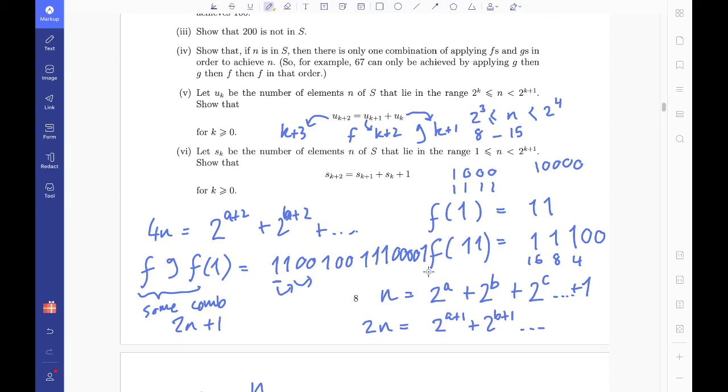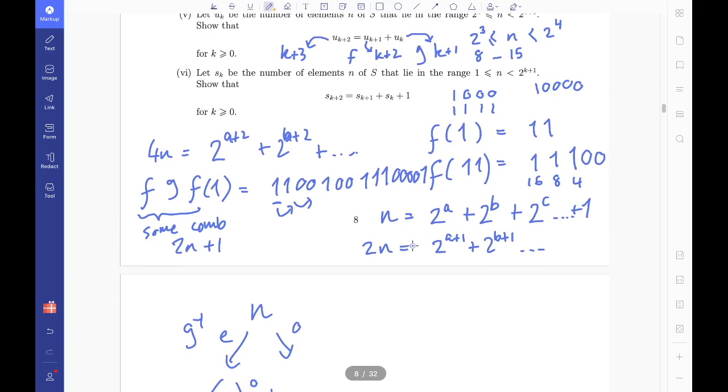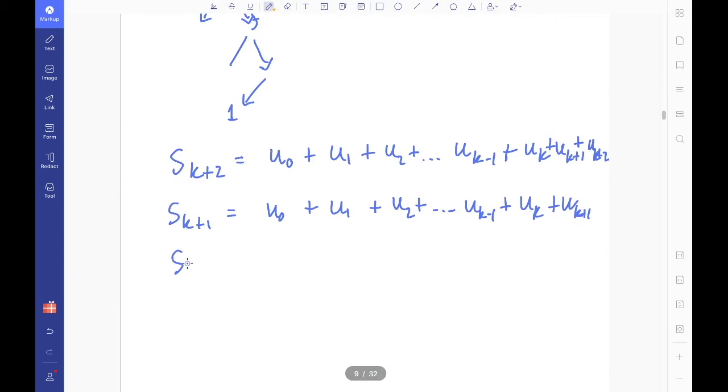So all of these expansions are true. In the thing I'm trying to prove, it's got an sk plus 1, an sk, and an sk plus 2. So I'm going to have to write sk as well. So that's u0 plus u1 plus u2 plus dot dot dot uk minus 1 plus uk.